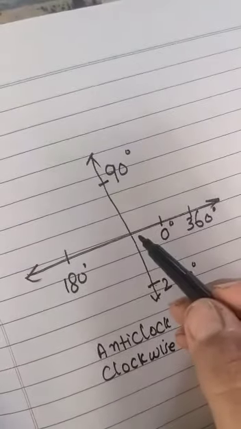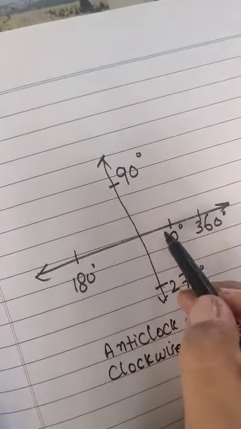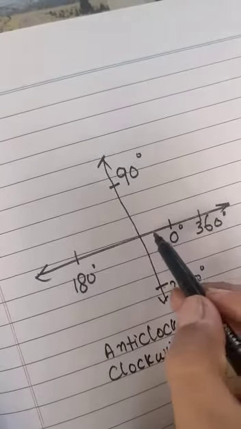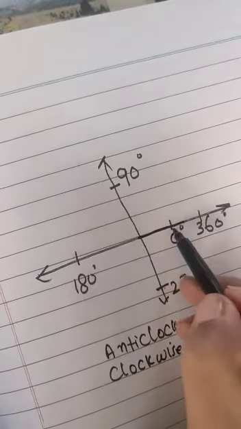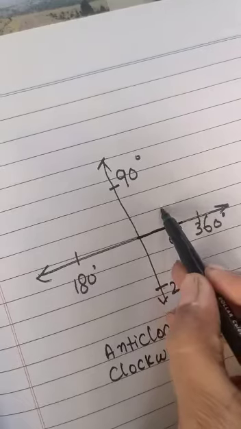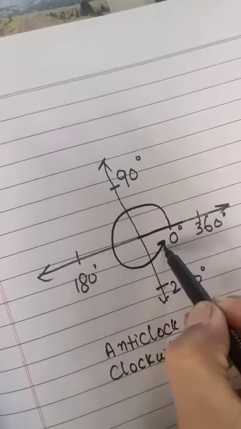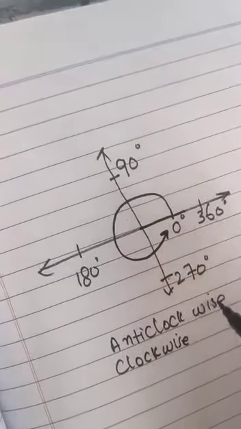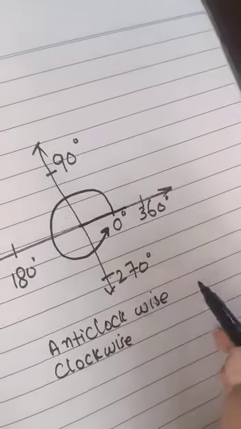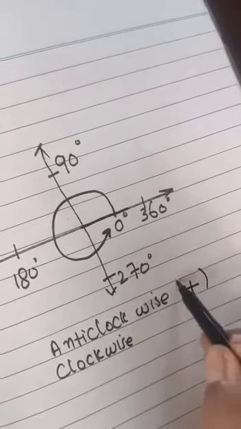What is anti-clockwise angle? The angle starts, whether it is anti or clockwise, from this x-axis and it will move like this. This will be called anti-clockwise and this will always be positive. So anti-clockwise is the standard angle which is always positive.